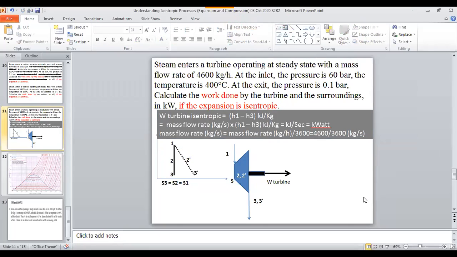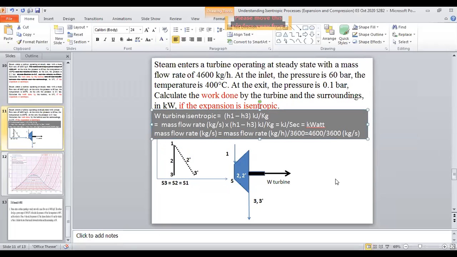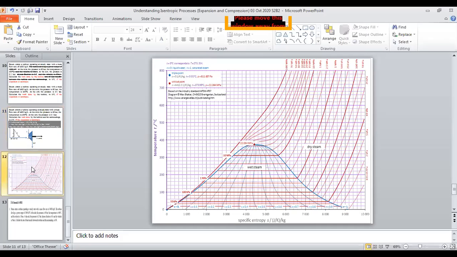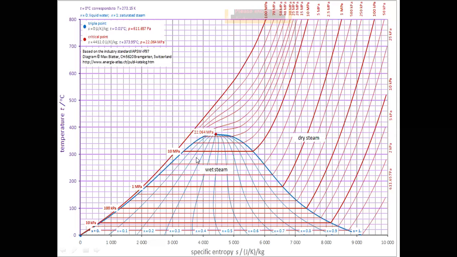Now, how to evaluate H1 minus H3? That is the point now. I have to show you the calculation, so you can have this kind of TS diagram. It is not necessary to have a TS diagram for the calculations at this time. But let's say 6 bar, anyway, this is not in bar.